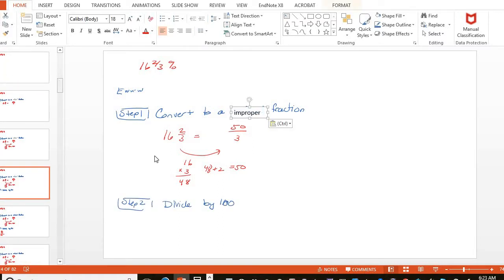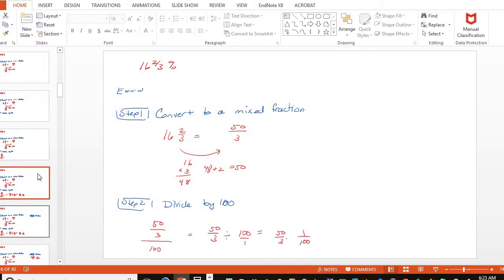The second step is to take this improper fraction and divide by 100. Just like before, remember that math fact? I take the percent, this is really 50/3 percent, and I'm supposed to divide it by 100 to convert this to a fraction. So when I divide two fractions, 100 is really 100 over 1.